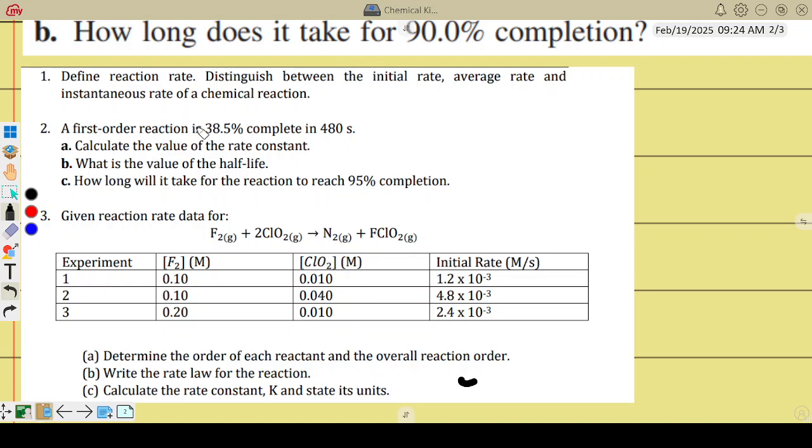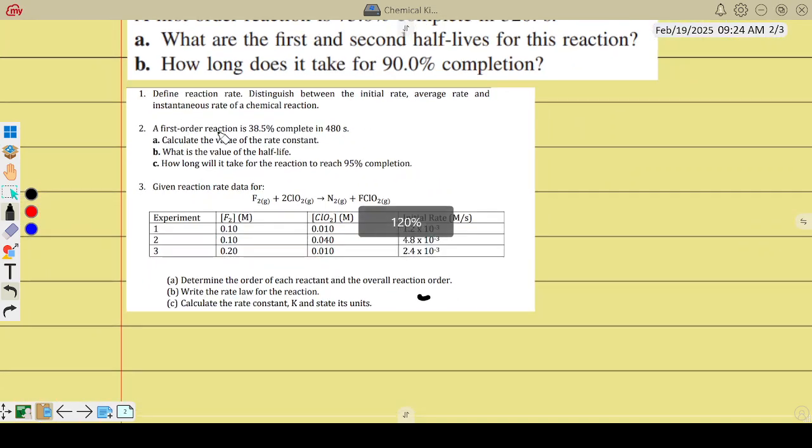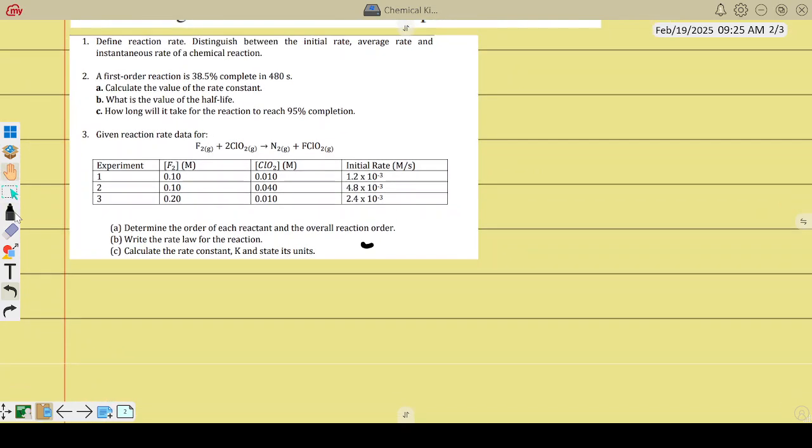Now, a first order reaction is 38% complete in 480 seconds. Calculate the value of the rate constant. By now we can solve this even without thinking. So we say half time is equal to ln 2 over k, and ln 2 simplifies to 0.693.